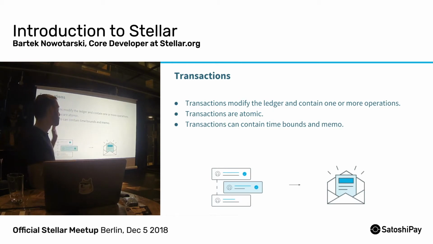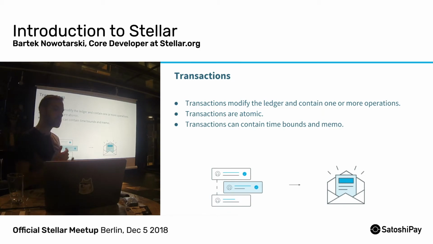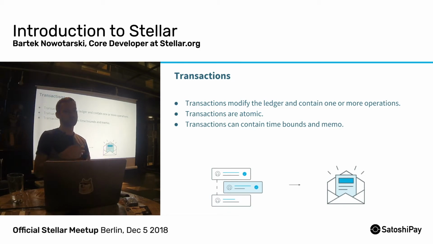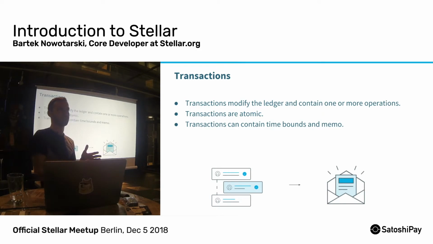And what is super useful is that transactions are atomic. This means that if you have, for example, a transaction with two operations inside, either both operations will succeed or both will fail.